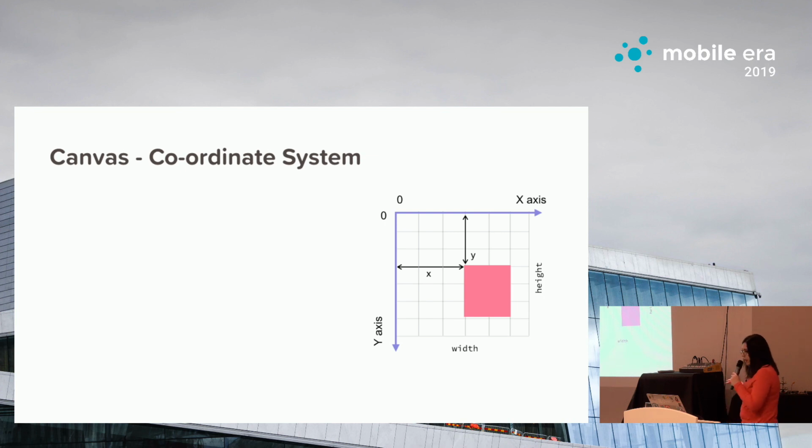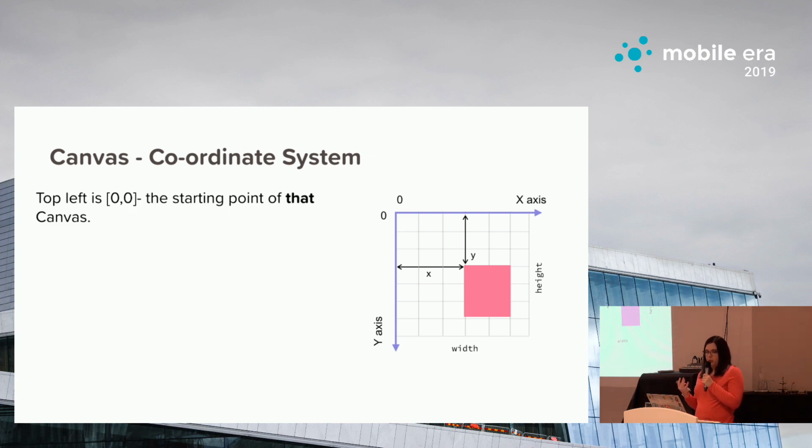Okay, so let's talk a little bit about the canvas coordinate system, because it might be different from something you're working with. So for instance, when you're working with a canvas, you need to realize that the top left corner of your canvas is the point 0, 0. And that is the starting point. So everything that is drawn in is placed relative to this 0, 0 starting point.